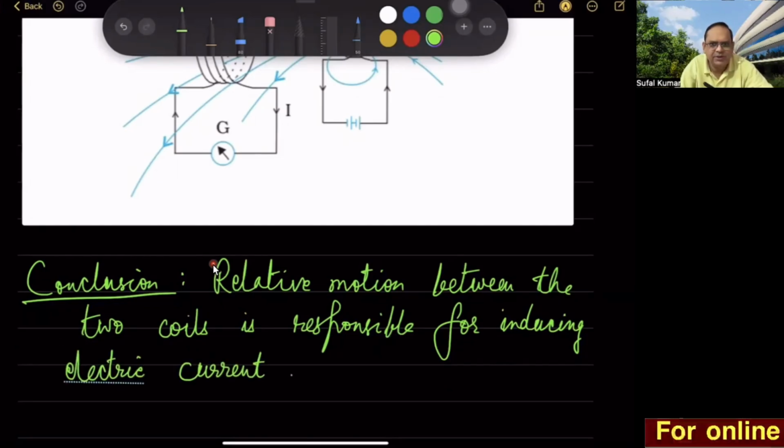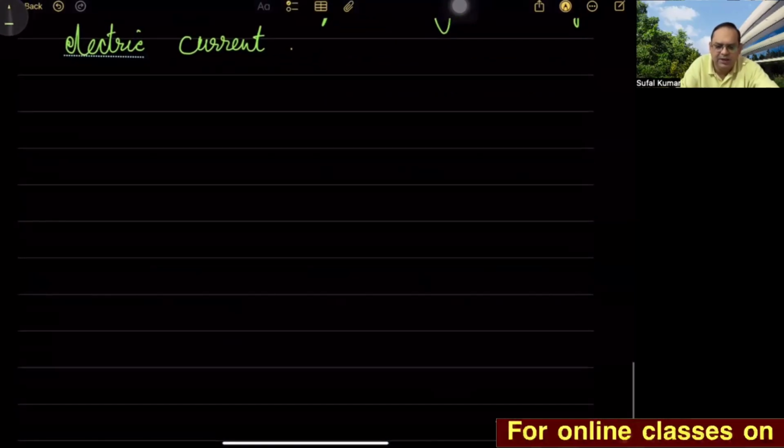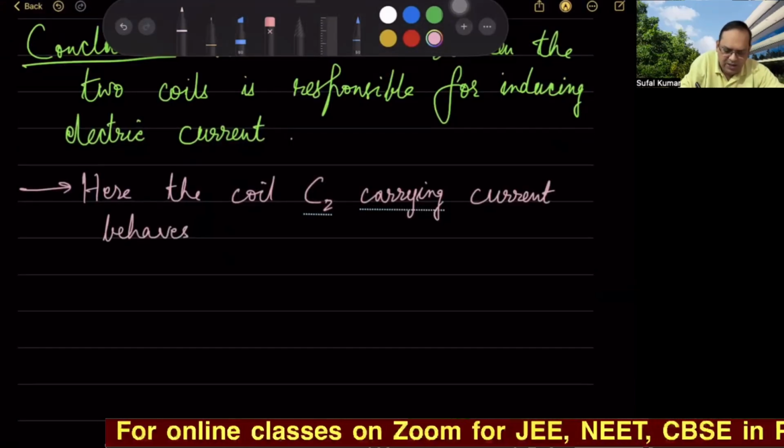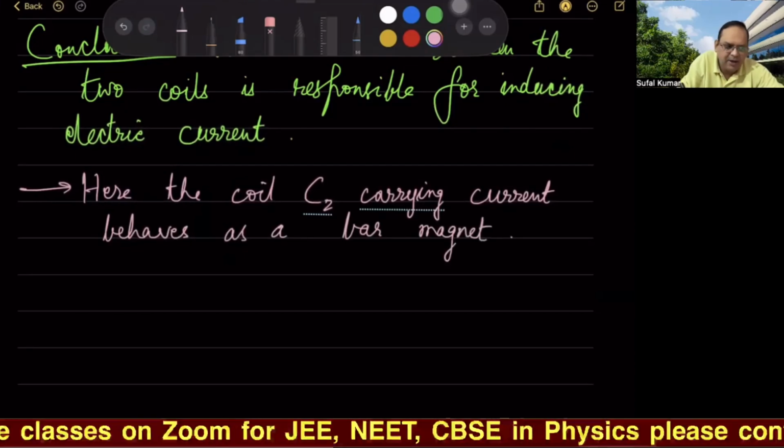Now, here comes experiment number 3. Here the coil C2 carrying current behaves as a bar magnet.